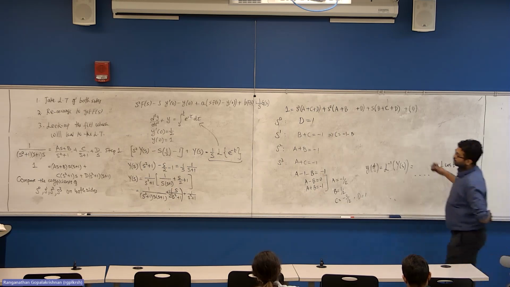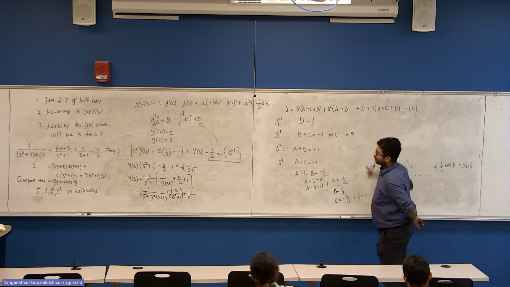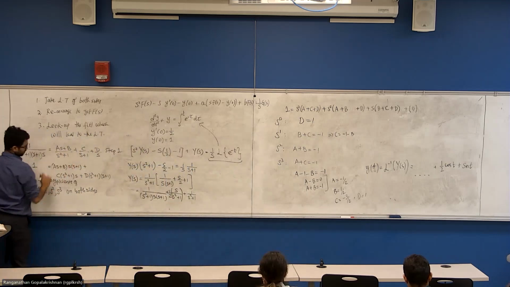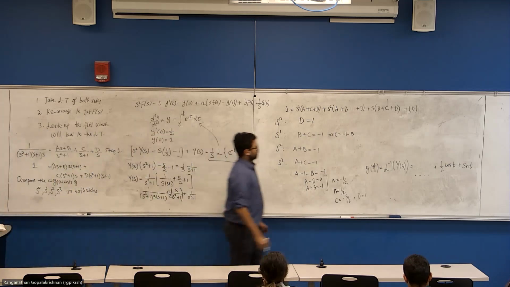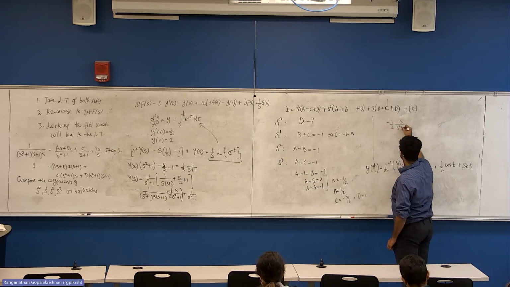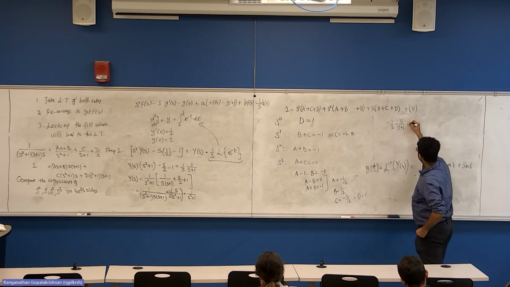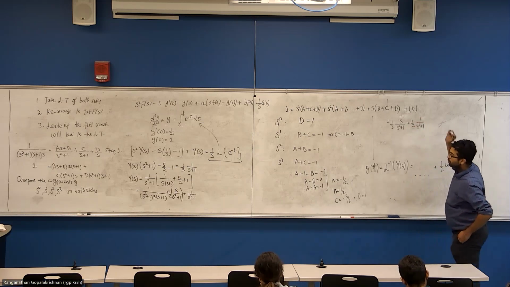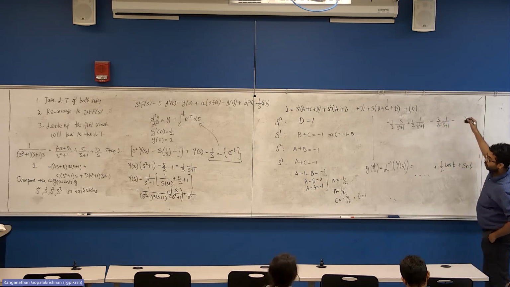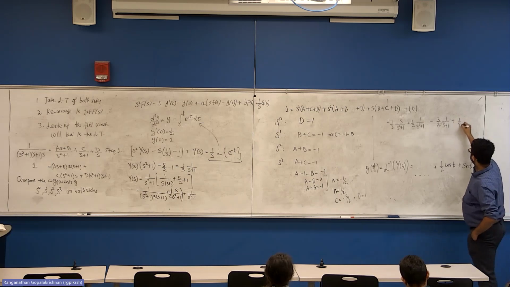So that term becomes minus half s over s squared plus 1, plus half 1 over s squared plus 1, plus C is minus 3 by 2, 1 over s plus 1, and D is 1 over s.